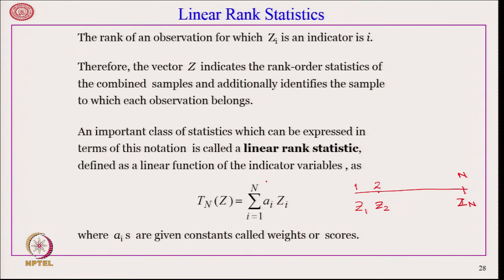A linear combination of the z values, sigma a i z i, i equal to 1 to capital N, which is T n z, is called a linear rank statistic, where a i are given constants or weights or scores. Depending upon the problem, we can change the value of a i to understand certain properties.